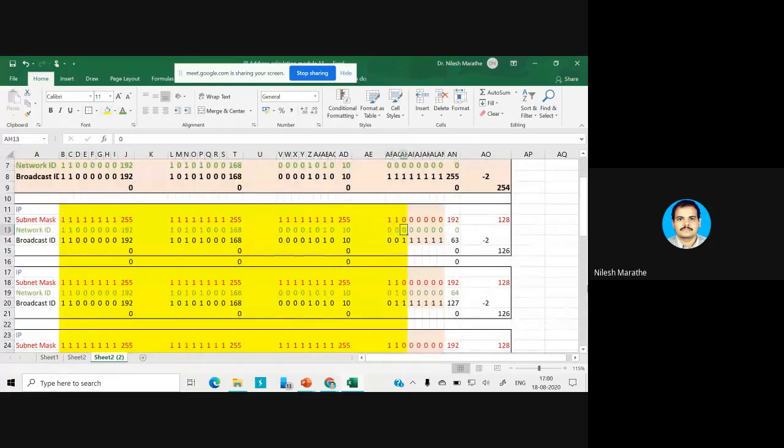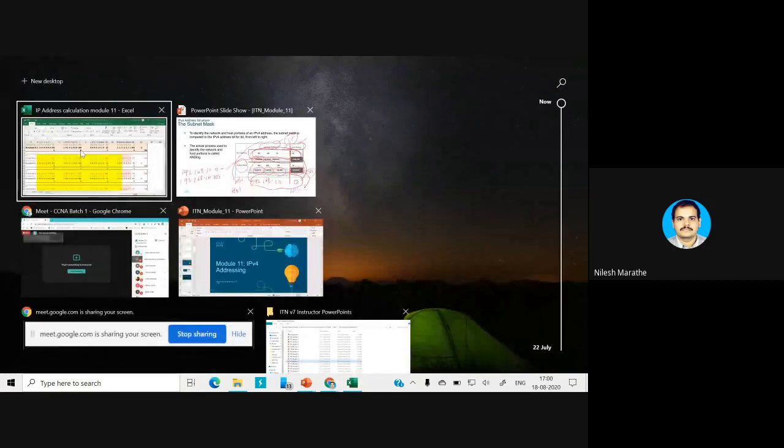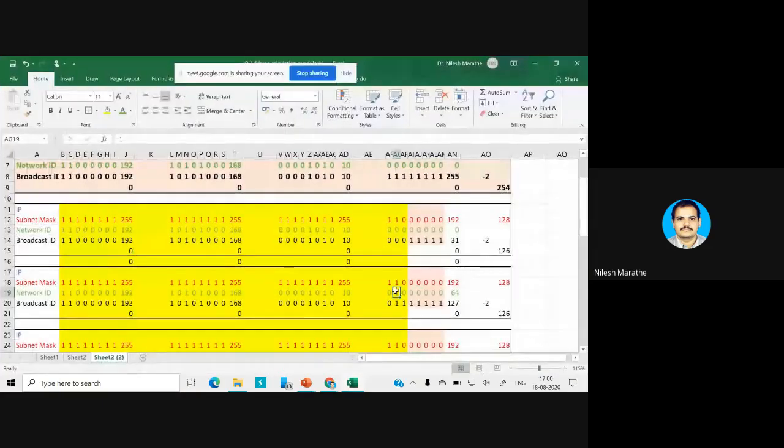First is 0 0 0, so this will also be 0. This second one 0 0. Yeah, here 0 0 1. To make this portion as it is 0 0 1.